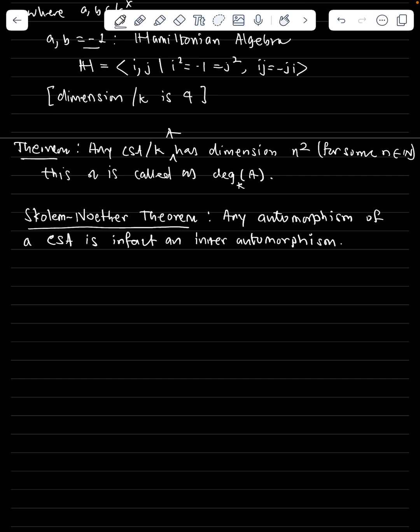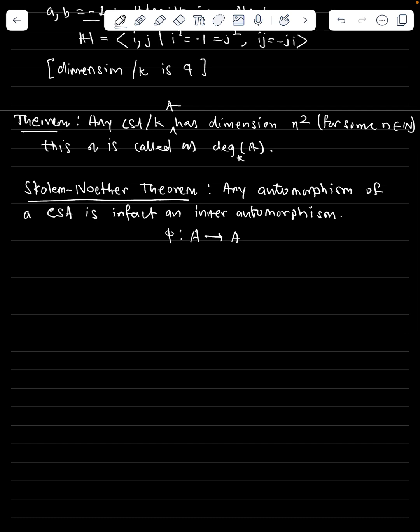So inner automorphism means, if phi is an automorphism of A, a central simple algebra over field K, then it's of the form, for some y, the usual inner automorphism. So that's one step.